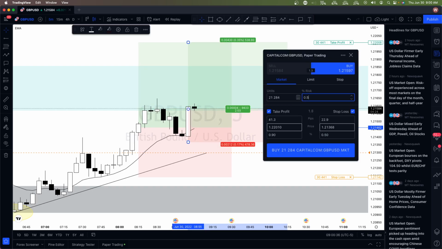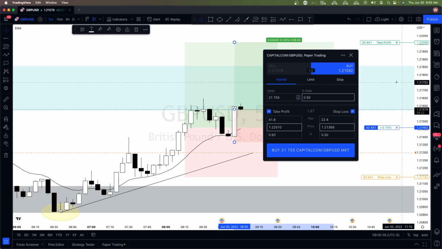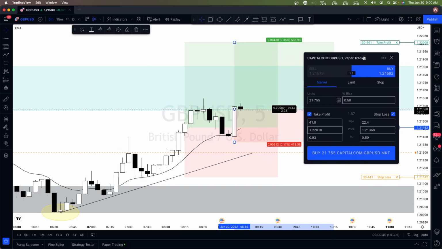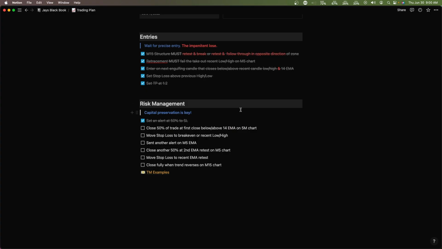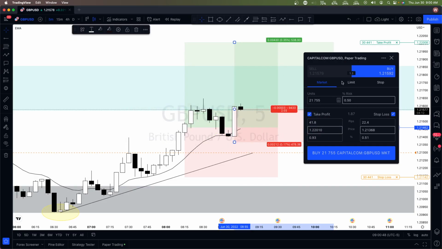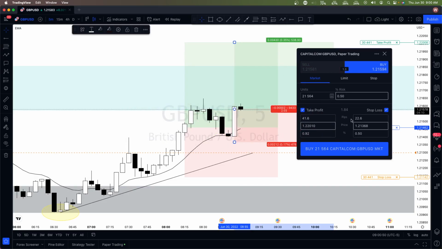All right, so I'm gonna add on this trade since we just had this massive movement right here. We do have some news coming out at 9:30, I believe. I'm gonna risk 0.5%, so a total of 1.5%. But I'm going to add on this trade right here.